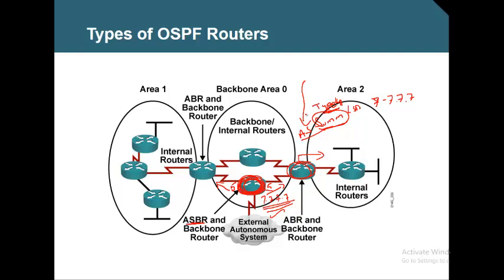How do you identify the ASBR? 7.7.7.7. So this simple router ID is what is advertised as type 4. Whereas type 5 brings the external networks, and it is originating from the ASBR itself.